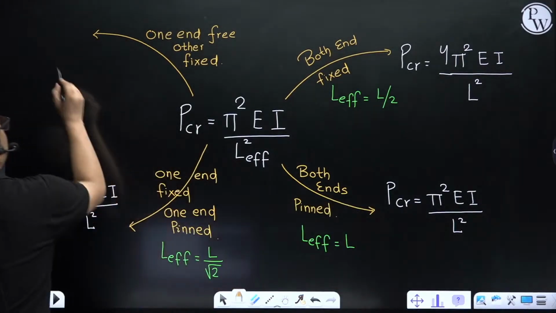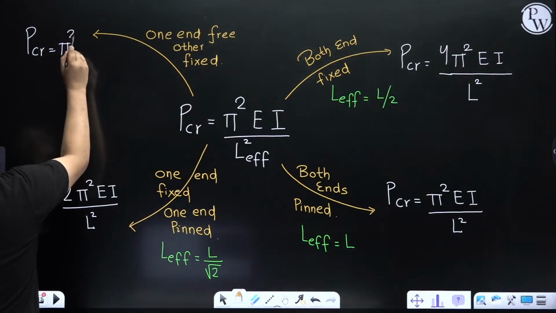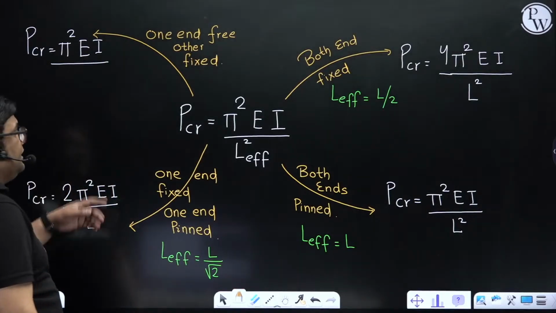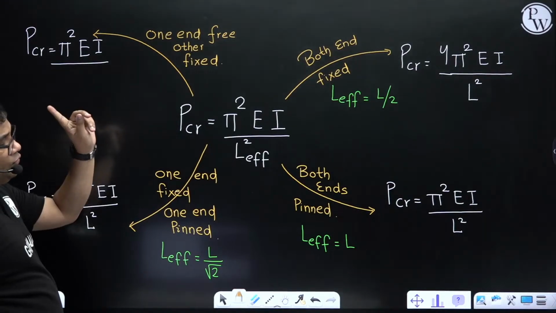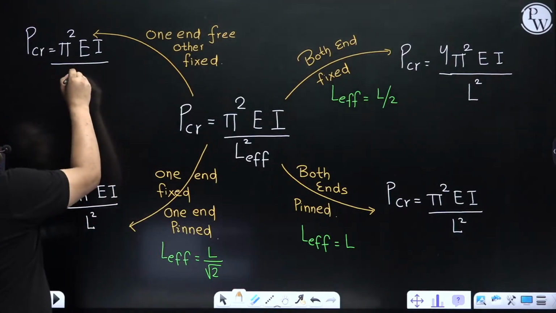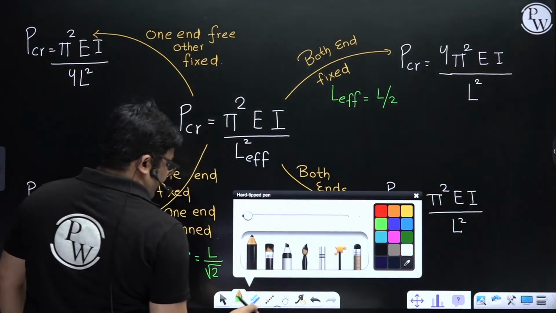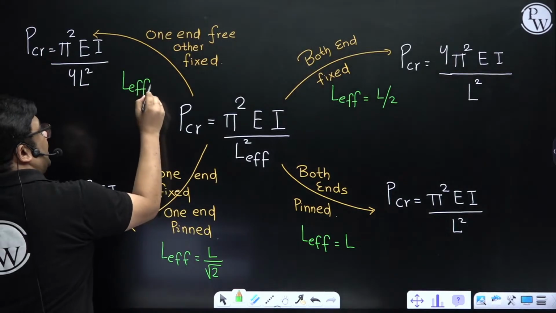Your buckling load becomes equal to pi square EI divided by 2L square, which is 4L square, because here the L effective is 2L.